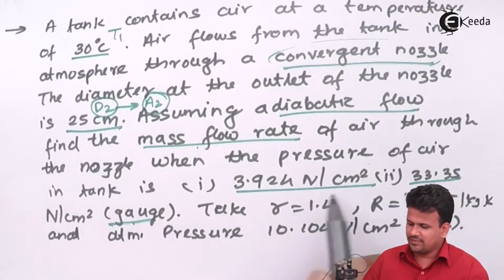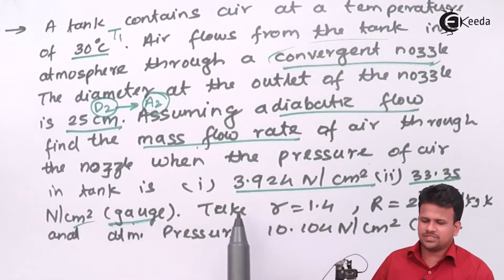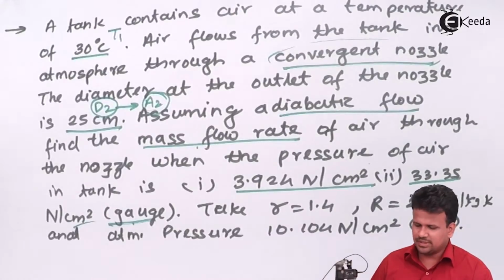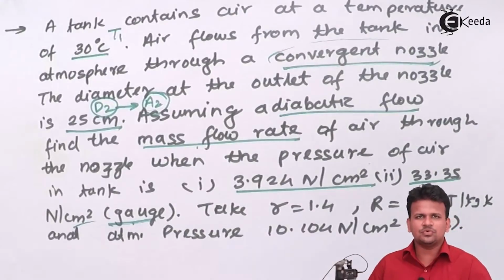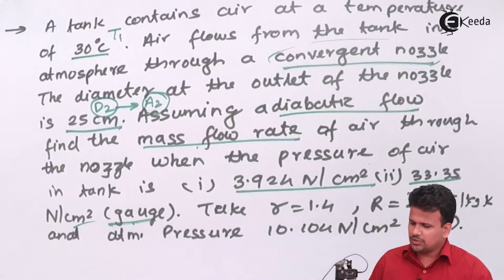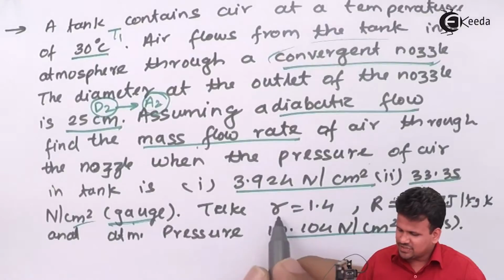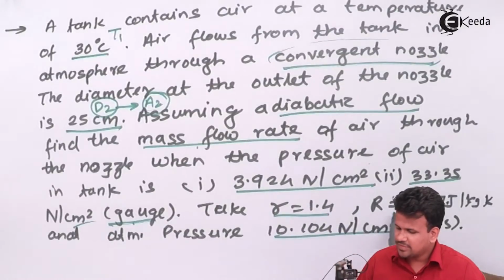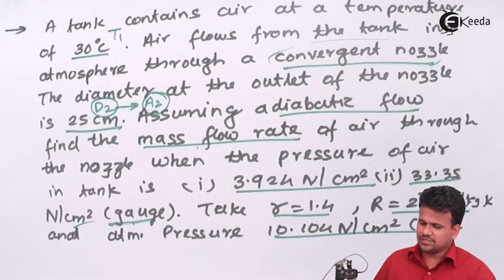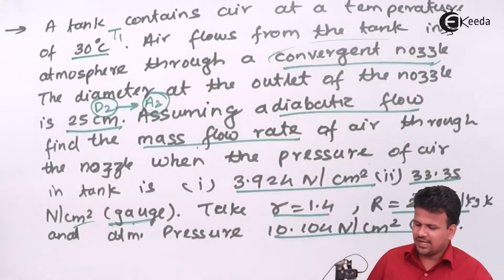Both pressures are given to us as gauge pressure and both are in Newtons per centimeter square. This means we have to add atmospheric pressure to the gauge pressure. Here atmospheric pressure is given to us as well as the value of gamma as well as R. So all these values they have given to us.